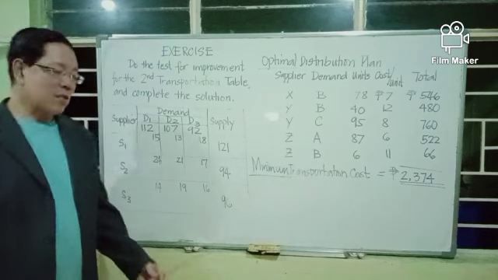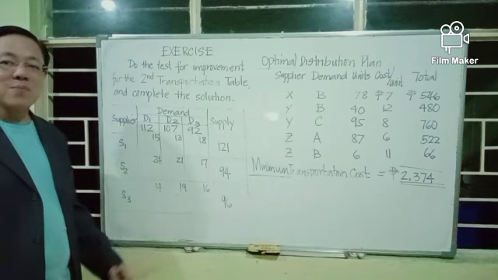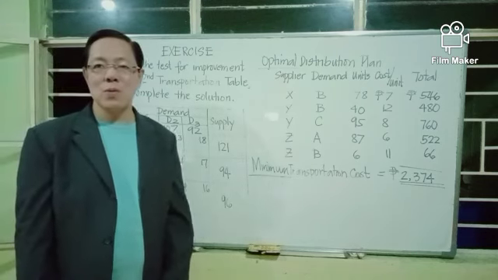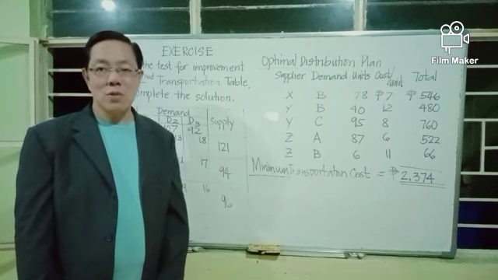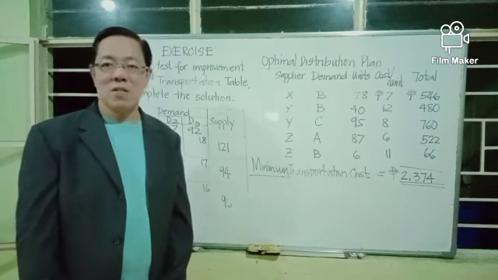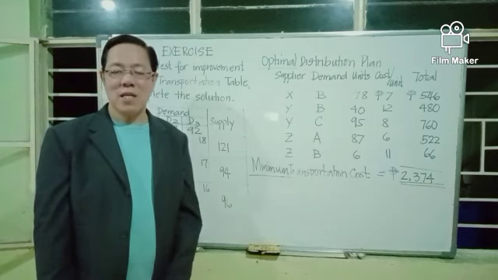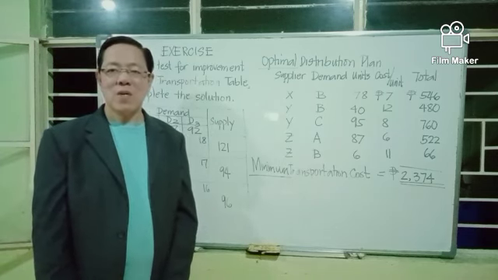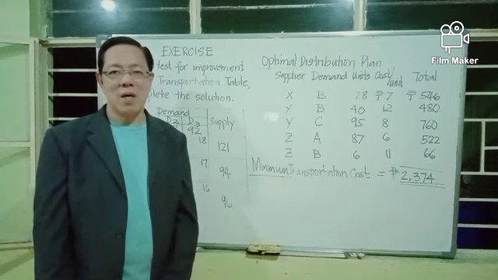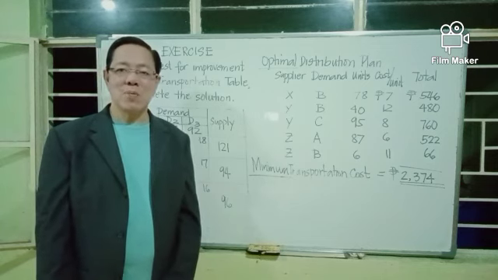And in the second exercise, with the same transportation table, I asked you to do the test for improvement based on the initial transportation table, and to develop the second transportation table, from which I also asked you to develop the second distribution plan.